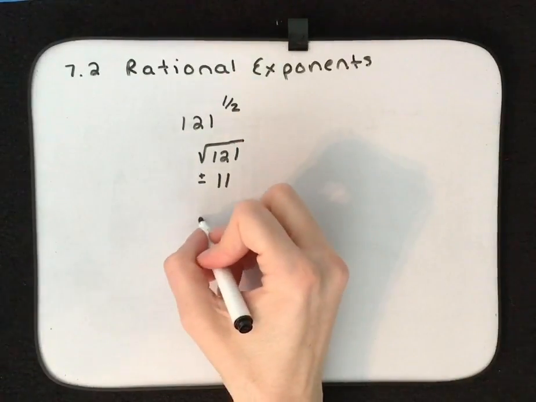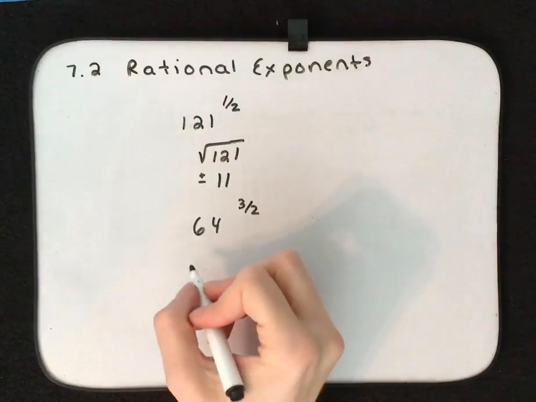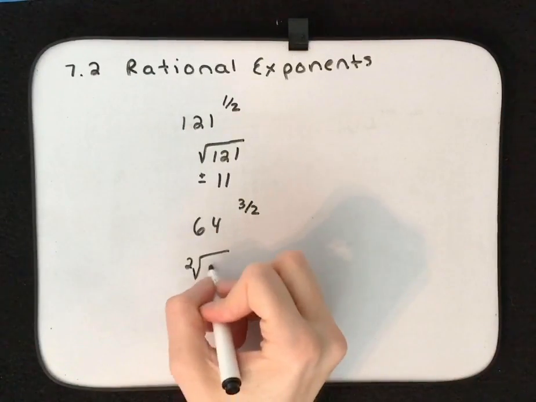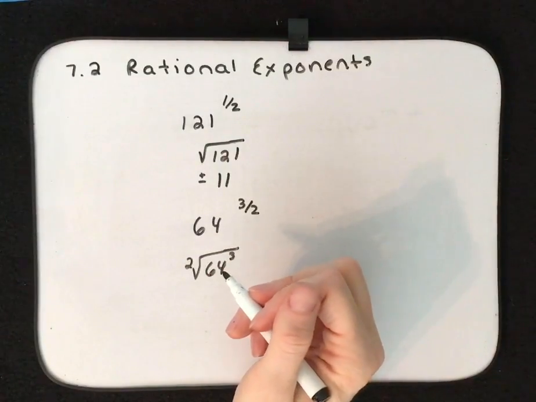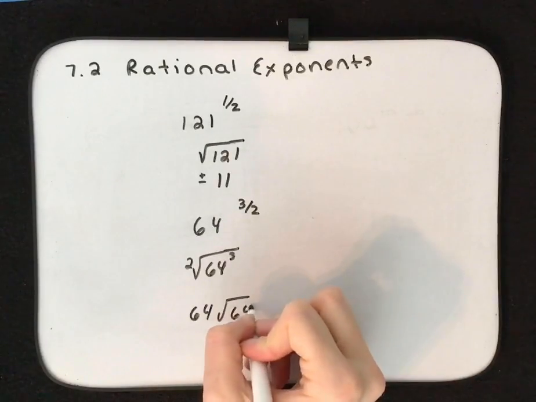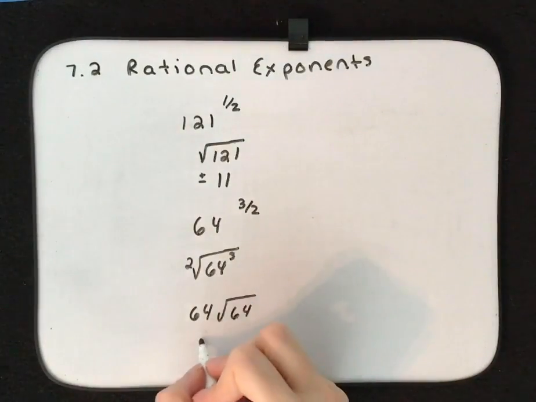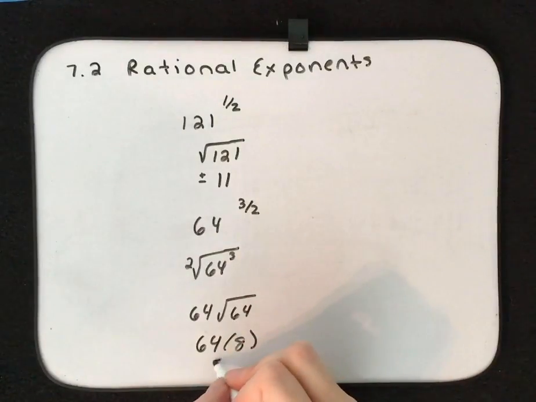If you have 64 to the 3/2 power, then that means you're looking at the square root of 64 cubed, which would look like 64 times the square root of 64, which would look like 64 times 8, and that is 512.